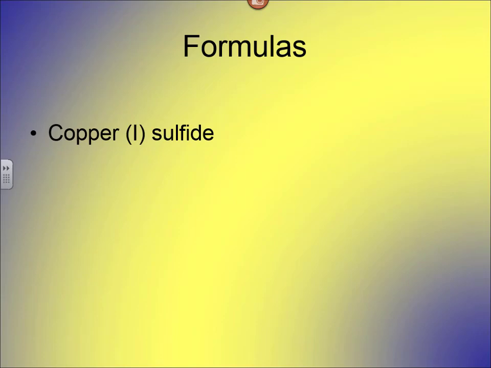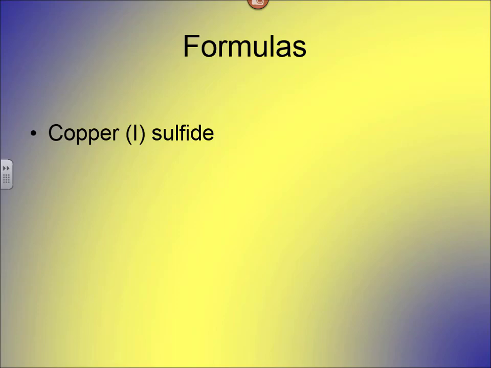Okay, now we're going to throw in a little twist. We're going to add some transition metals to these. Transition metals are no different except the charge for the transition metal is the Roman numeral in the middle of the name. So what Roman numeral is in the middle of this name? 1.